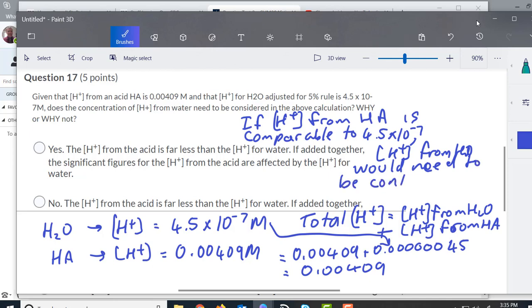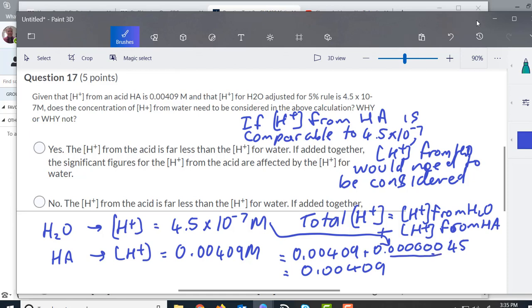So what do I mean by comparable? Well, I'd say anything that would affect this calculation, if this was small enough or of similar numbers of decimal places to what we had here.